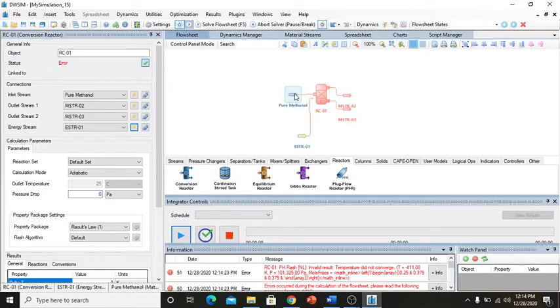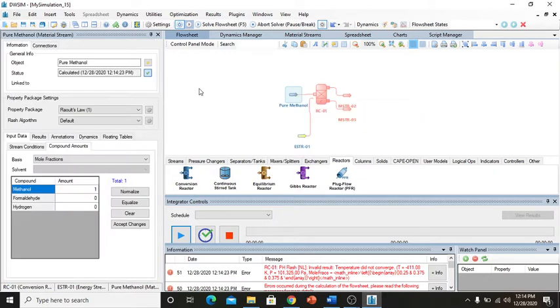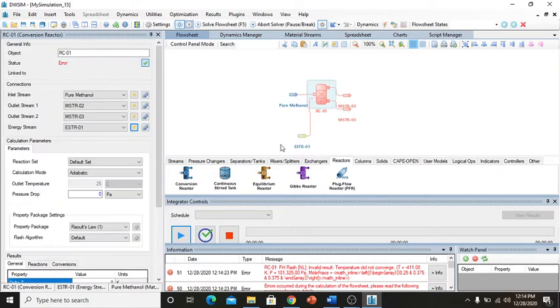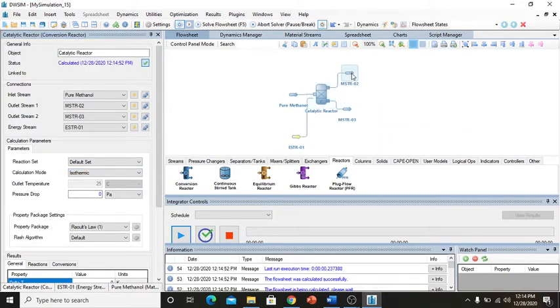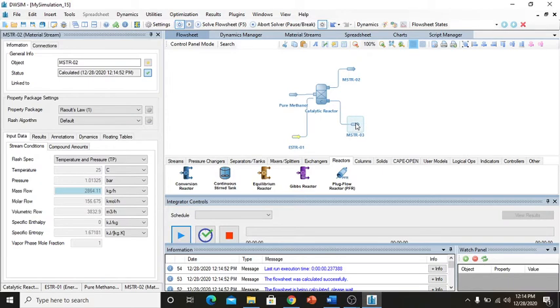Here, let's name this reactor the catalytic reactor. For the catalytic reactor, our calculation mode should be isothermal. For the reactors, what usually goes out is a vapor stream.